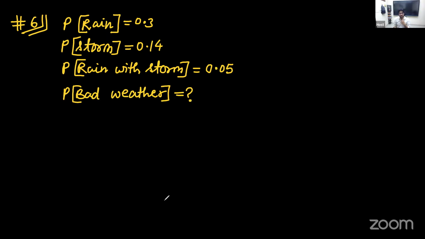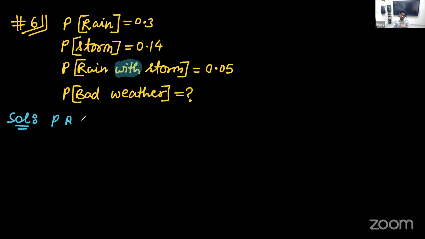You remember we solved this problem today, but at that time I said they cannot happen together. Now I'm saying that they can happen together. So if they can happen together, how do we solve the probability of bad weather?